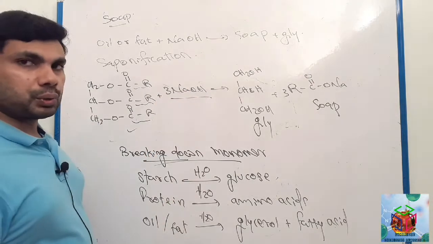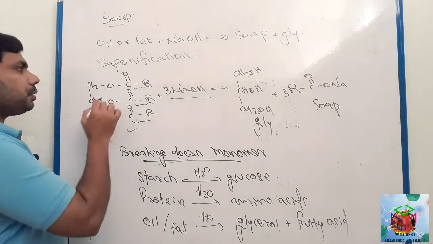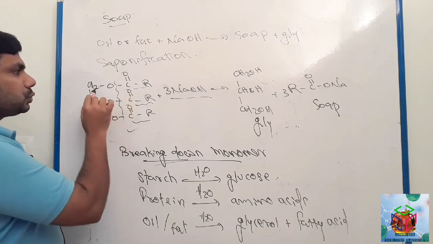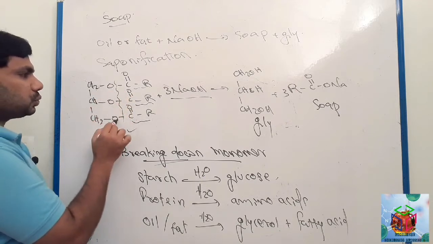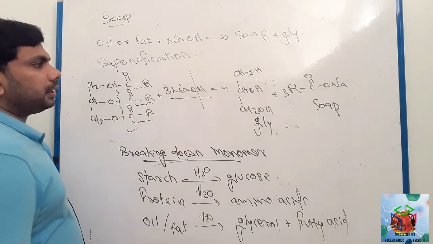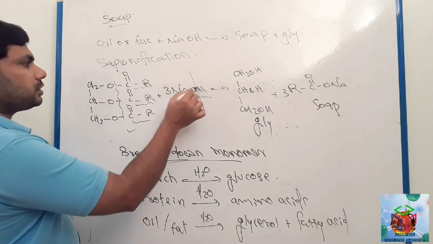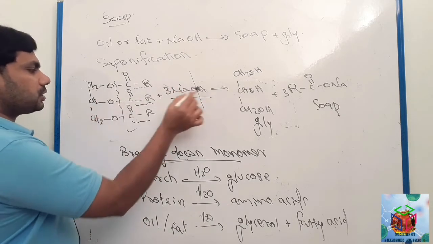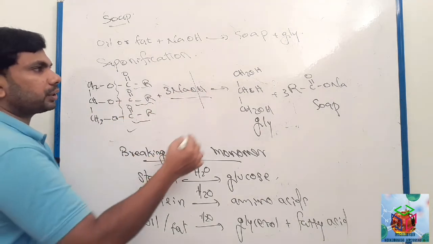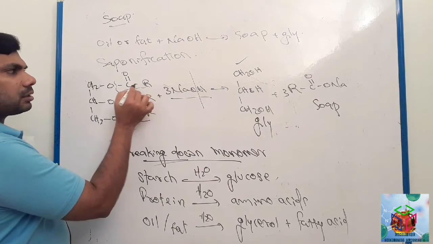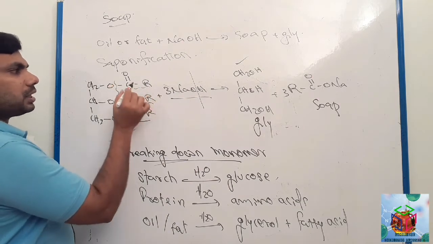Okay. Then from this part, CH2O, CH2O, and from here this part will break. Then this hydrogen will join over, giving CH2OH, CHOH, CH2OH. Okay, that is glycerol. And from here, RC double bond oxygen, ONa.